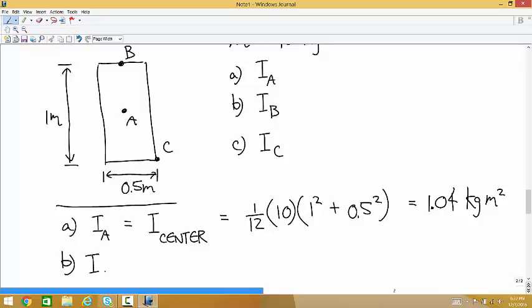So the mass moment of inertia about B is equal to the mass moment of inertia about the center plus 10 times, what's the distance from the center to B? 0.5.